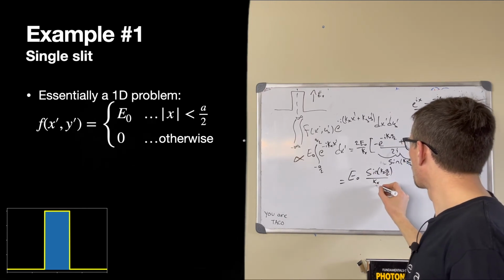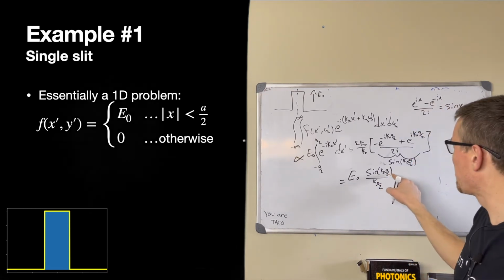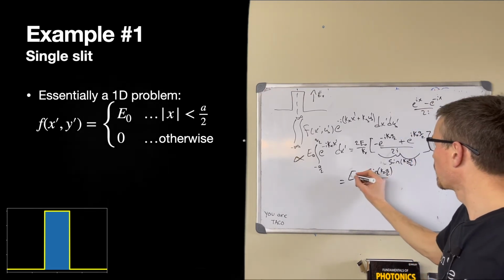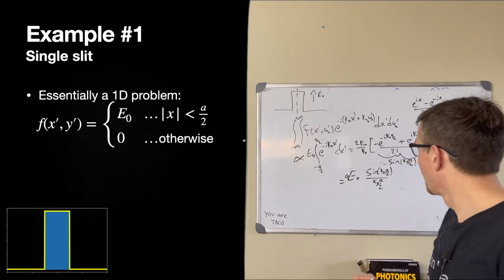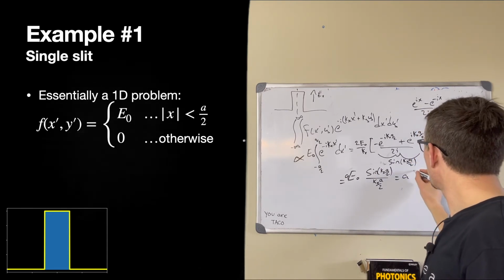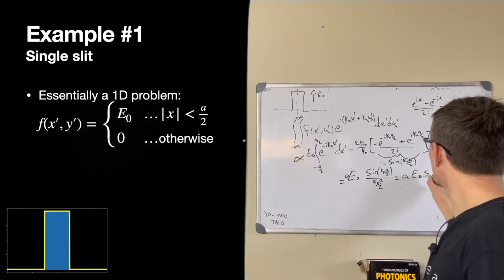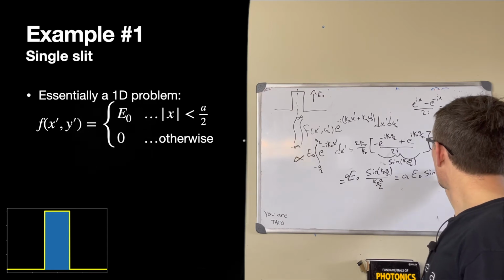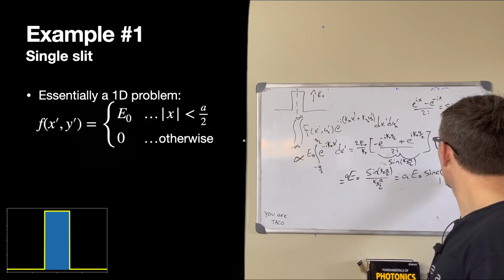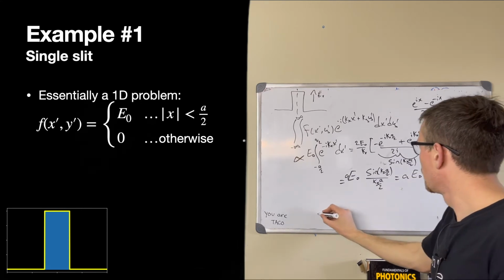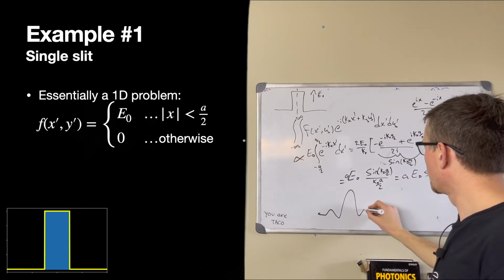And we can pull out a 1 over 2 here. This is almost the same thing as in the argument, so I'm just going to multiply top and bottom by a. And I have a times E naught sinc, sine x over x, of 1/2 kx times a. And this is the field as we see it.